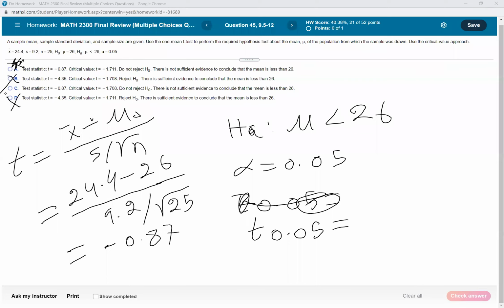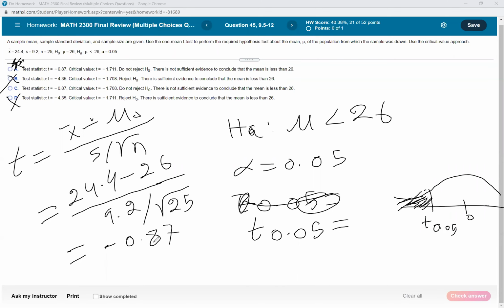So we have only two options, A and B. Now we need to look at the critical value. They are almost the same: negative 1.711 and negative 1.708. Okay, the critical value is t 0.05.